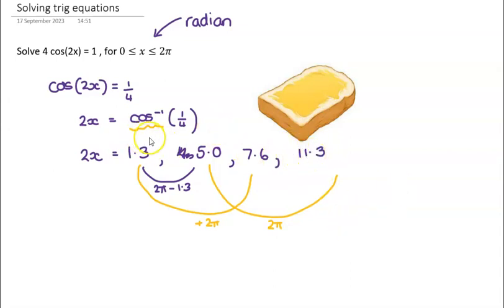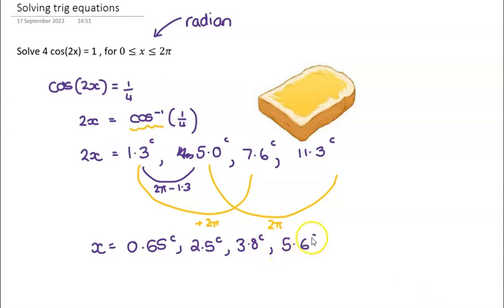These are all radians, so ideally we should have our little radian symbol there. So 2x is equal to all of those, so x is equal to a half of all of those. That would be 0.65, 2.5, 7.6, so that would be 3.8. We're just dividing everything by 2. And then our last one, we would do 5.6.